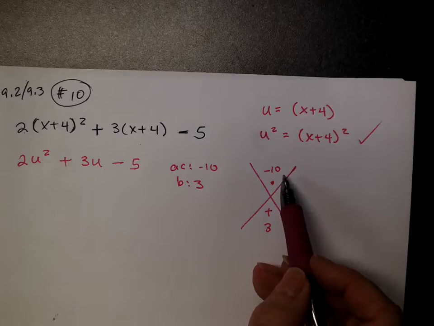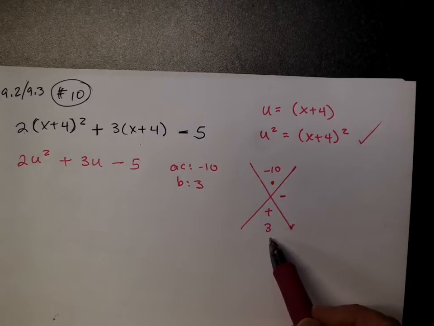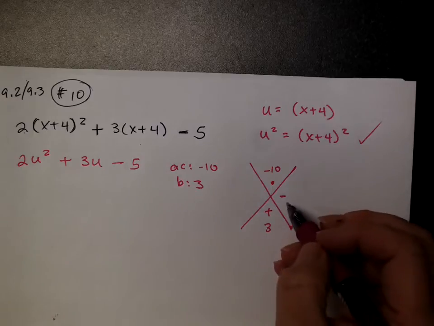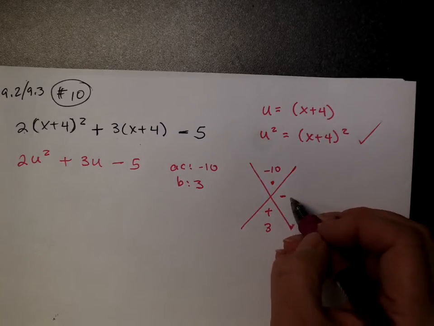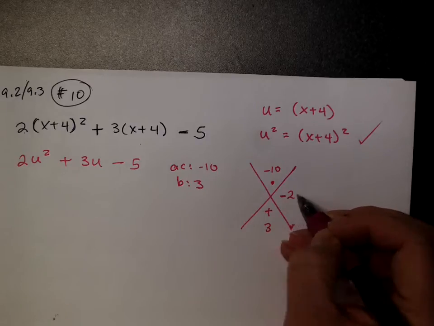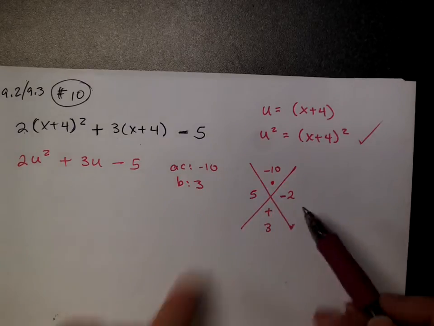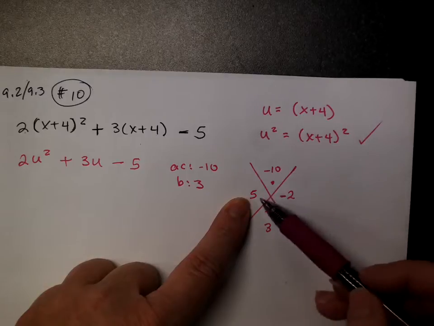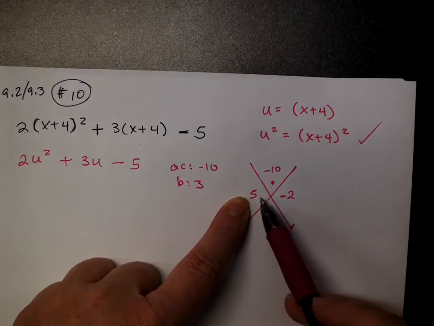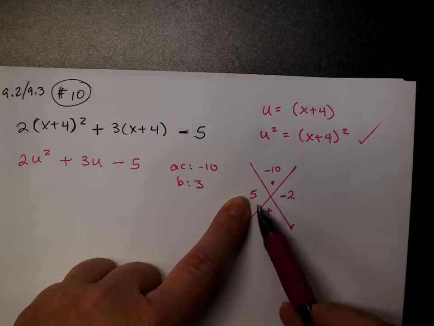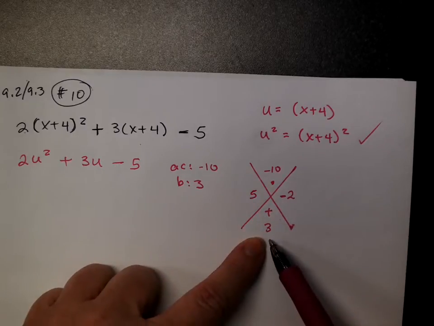What would multiply together to make -10 and add to make 3? 5 and 2. Which one's negative? The 2. Then just do a quick check: 5 times -2, check. 5 plus -2, positive 3.